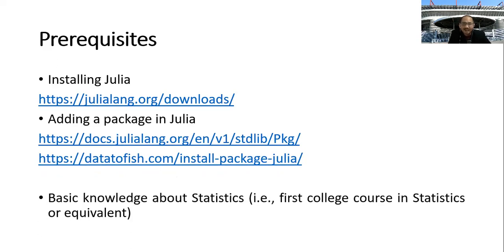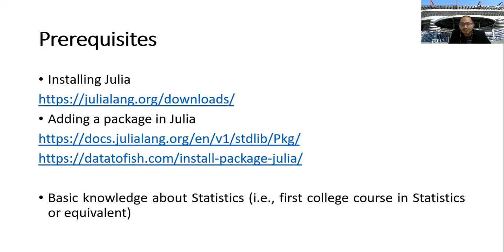Again, I will not talk about statistical theories in detail. I would like to explain how to perform statistical analysis at a basic level in Julia. The assumed knowledge is a first college course in statistics or equivalent.